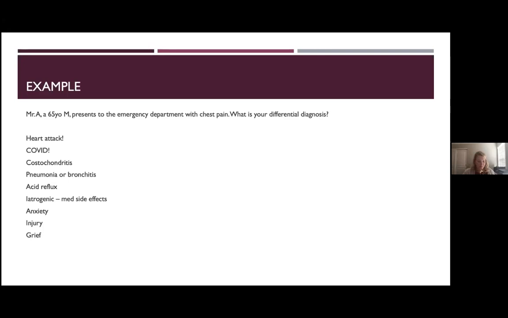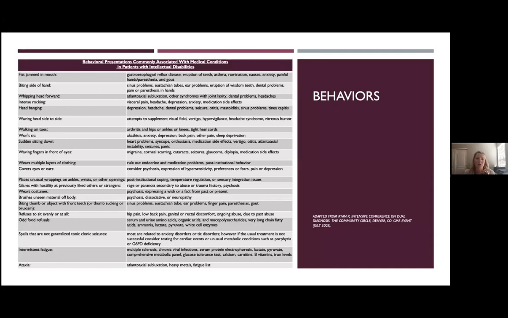So let's move on to a chart that gives us some different behavioral presentations and what the differential might be for those. This is a really helpful chart, and we're going to use it as we go through a couple of cases. But let's consider one of them. So a person won't sit down. What could that be? This chart helps us with a start.